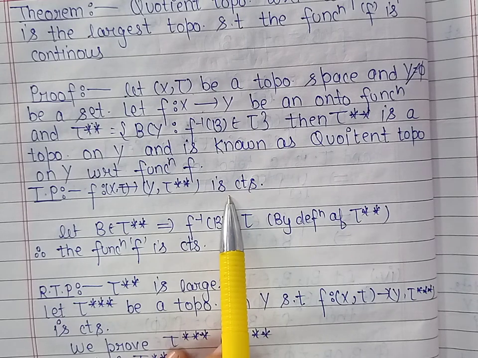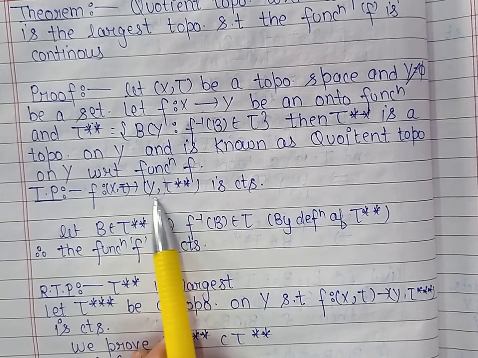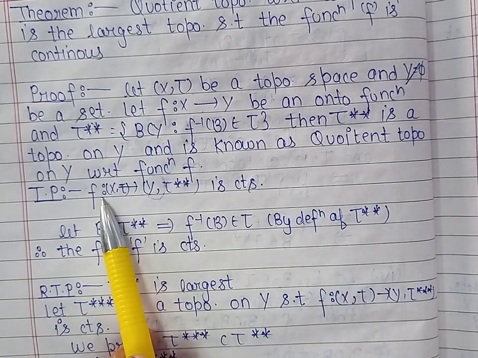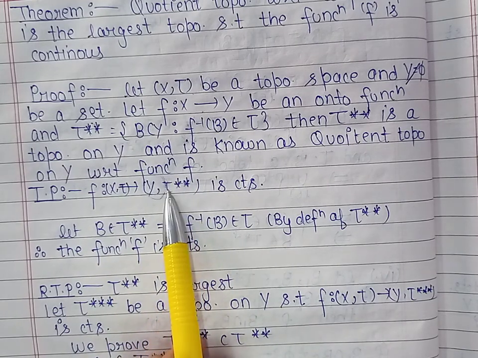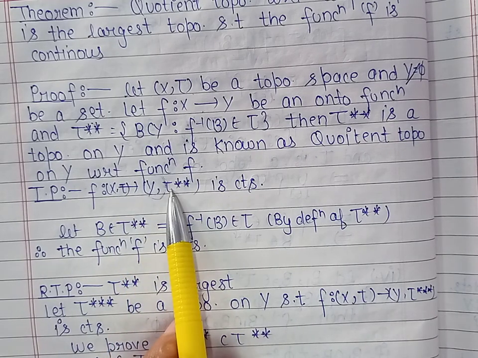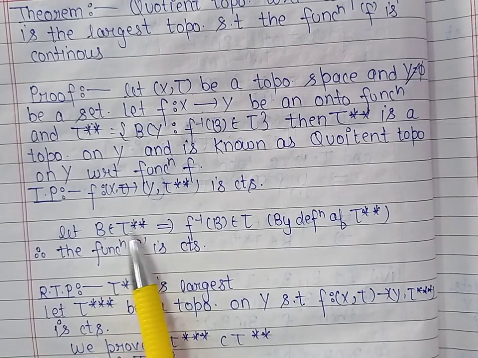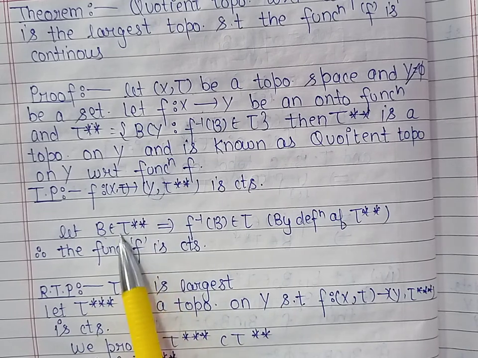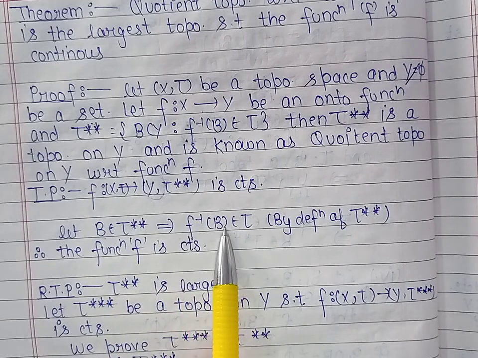As we already discussed various characterizations of continuous functions, a function f from X into Y is continuous if and only if the inverse image of every open set in Y is open in X. It means if we take a member from the topology of Y, then its inverse image should belong to the topology of X. So let us take an arbitrary member B belonging to the topology of Y. Now because this topology is the quotient topology, by definition of quotient topology, the inverse image of B belongs to tau.